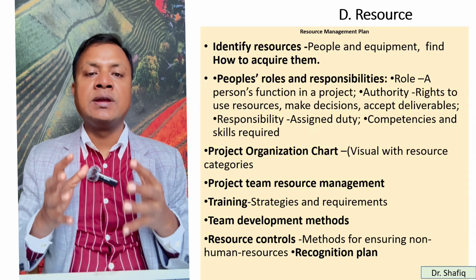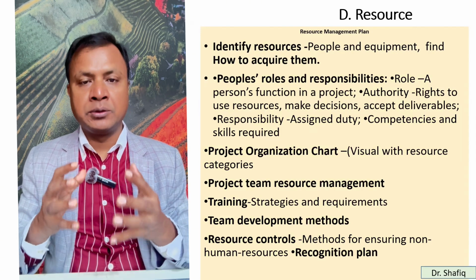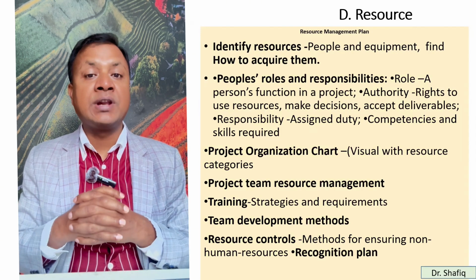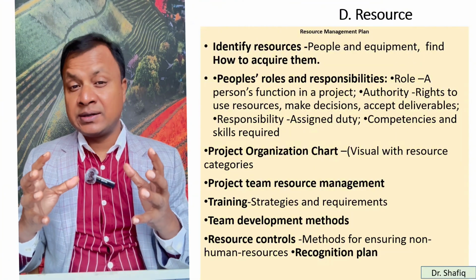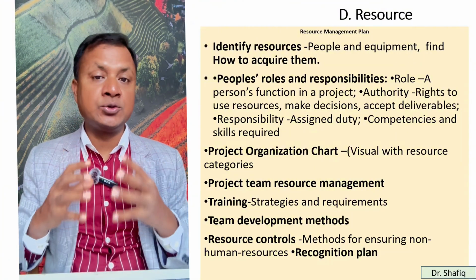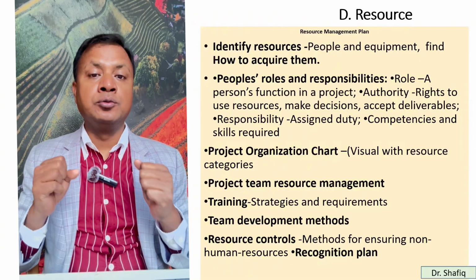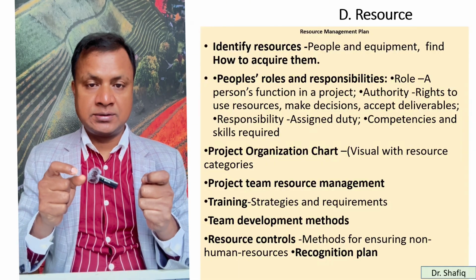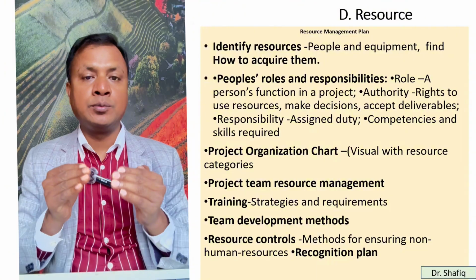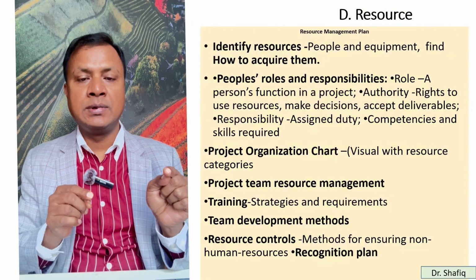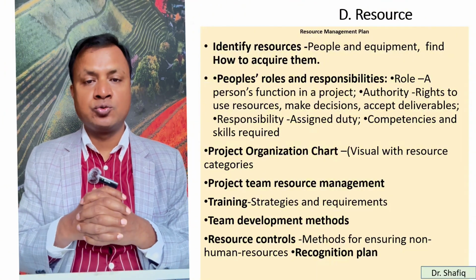So we have to make team development methods and we have to train them. We have to have the training mechanisms and training resources. And we have to fix who will control the resources, and who will decide how many people will be in which team. These sorts of decisions we have to make.